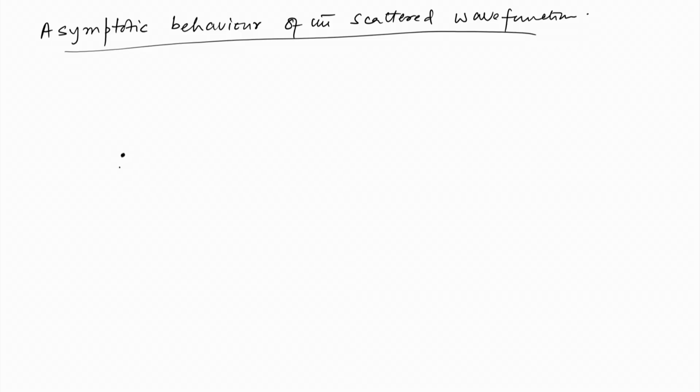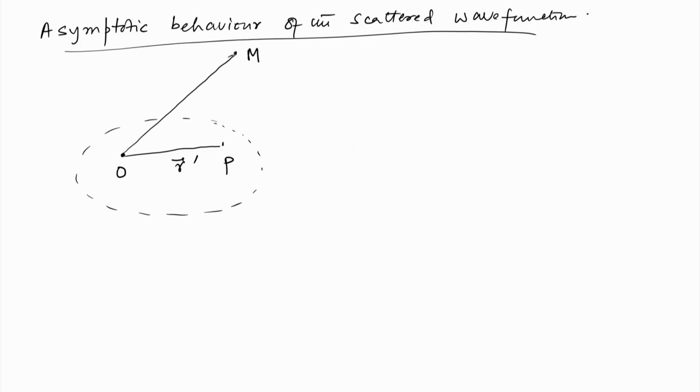So there is a point O and there is a point say P and there is a point M where the detector is. So, P is a point where the potential exists or within the influence of the potential. So, let us call this R prime and this is R. Okay. And M is where the detector is.